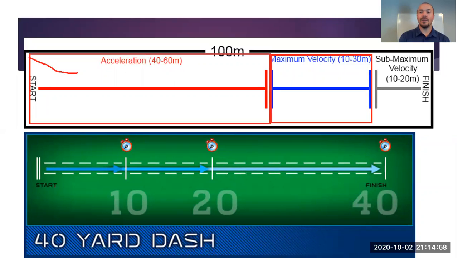And then in those last 10 to 20 meters, we tend to maybe start to run out of a little bit of our ATP. So that can be a problem. That can be a limiting factor. So maybe just a little bit of fatigue sets in there. Or excuse me, not fatigue, but just loss of ATP substrate. So that could be a typical 100-meter sprint.